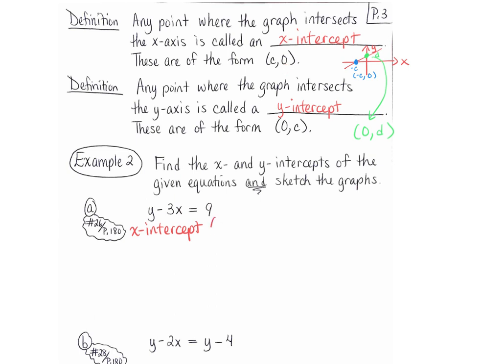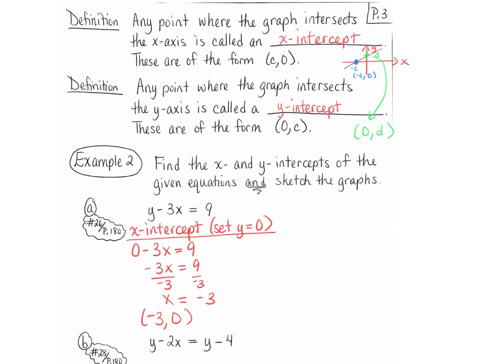So you set y equal to 0 and you solve. That gives us 0 minus 3x equals 9, or negative 3x equals 9. Divide both sides by negative 3 to get x equals negative 3, which means the point negative 3, comma 0 is our x-intercept. Remember, this 0 comes from setting y equal to 0. Okay? So far, so good.